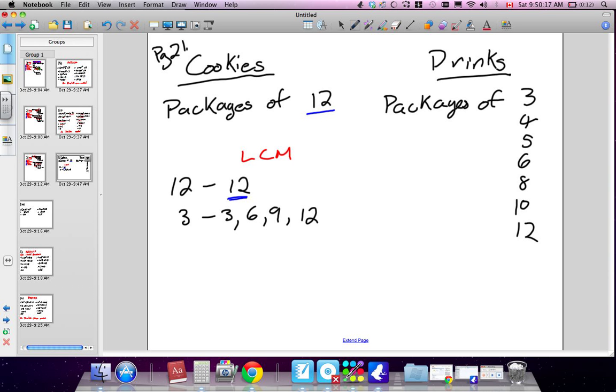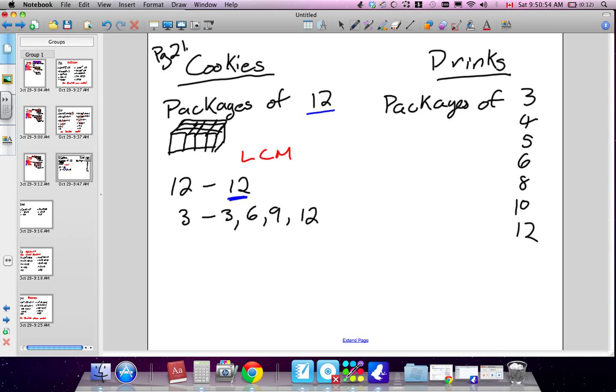Well, one package comes with how many? 12. So how many packages would we need to get to 12 cookies? Think of it like we have a package here.